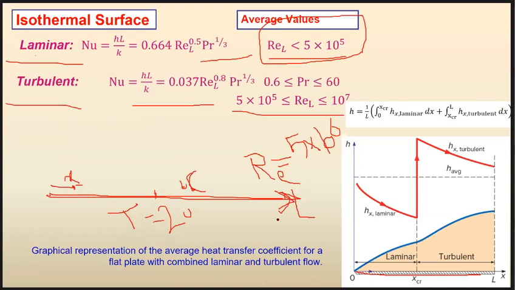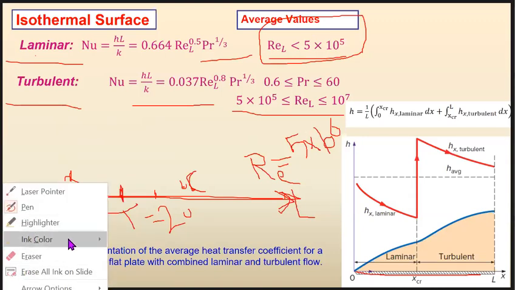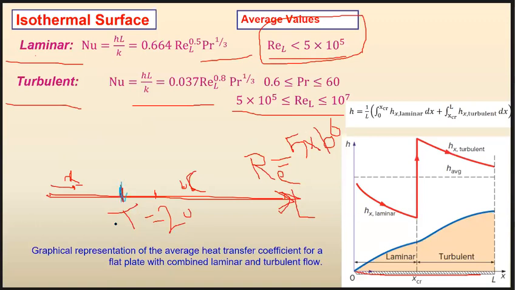Or in other words, up to a certain point you have laminar flow. Then you have transition to turbulent. Then from a certain point forward, you have fully turbulent flow. So you have laminar flow, transition from laminar to turbulent, and turbulent.